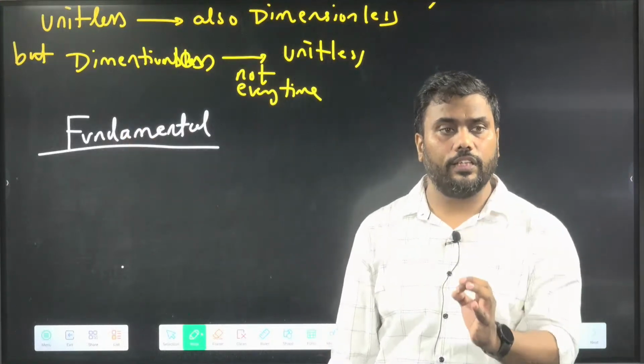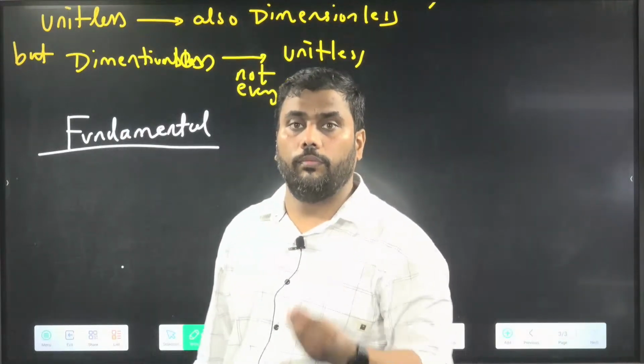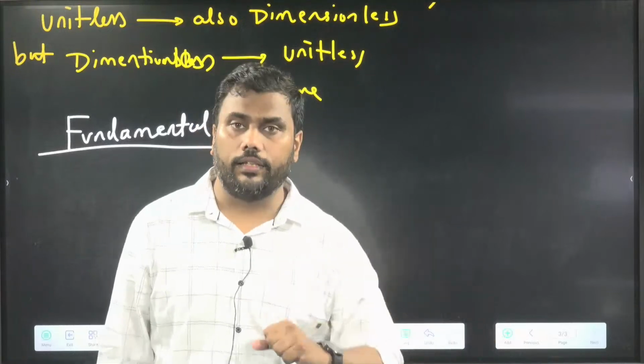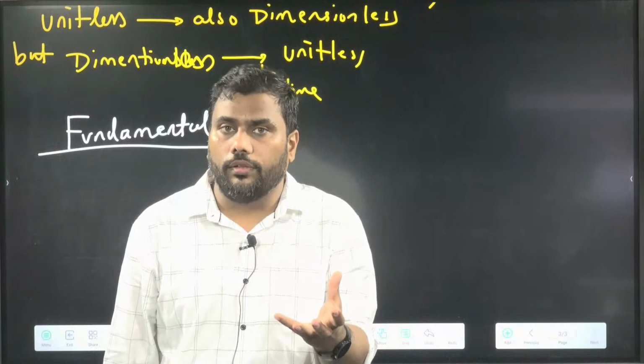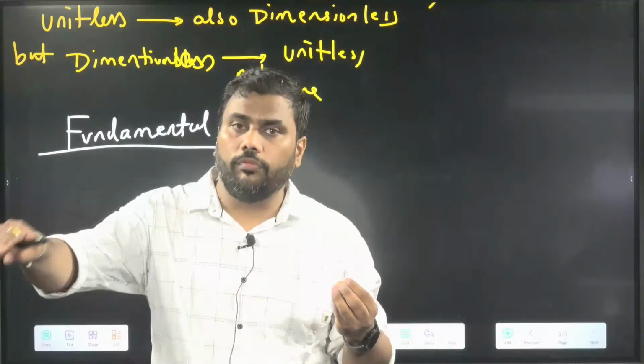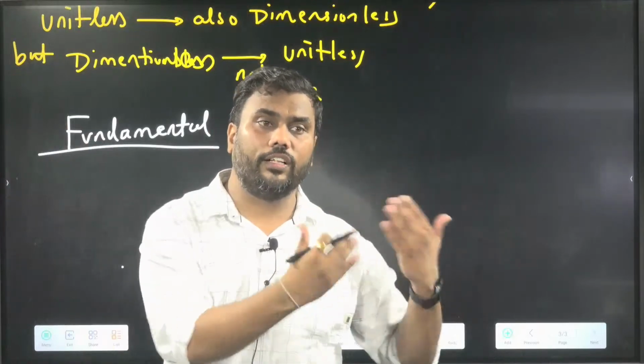But there are some physical quantities which are not dependent on others, like amount of substance, mole, current, or temperature. You cannot define temperature in terms of mass, length, time, etc. So temperature is a different physical quantity.